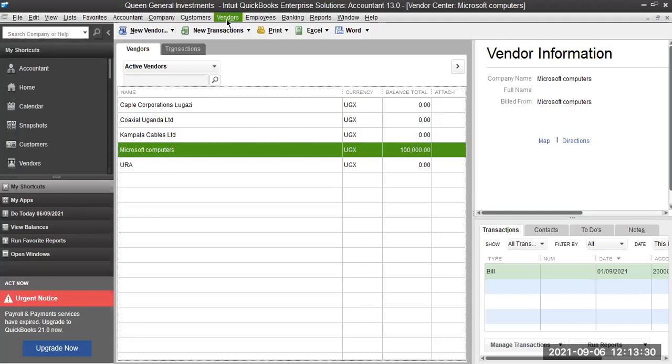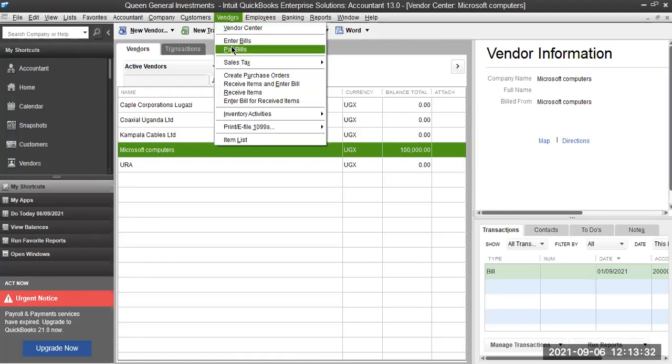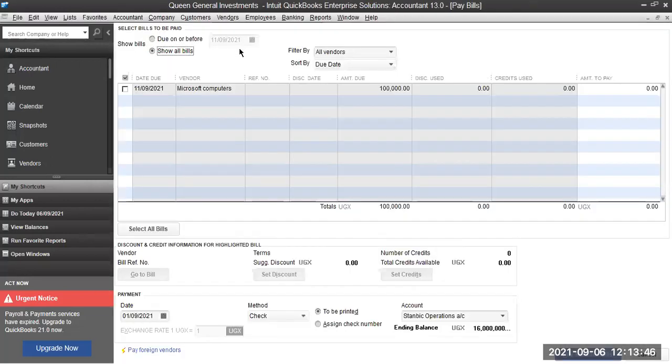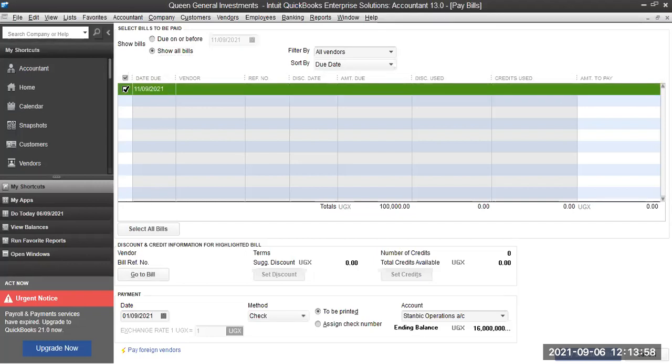What do we do? We go back to vendors and say pay bills. Click on pay bills to clear up that debt. We select the bills to pay and check that.